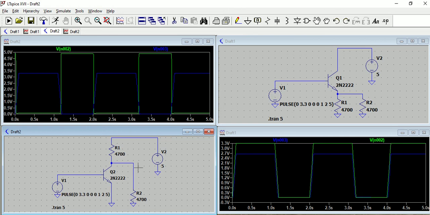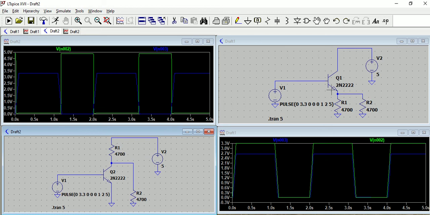Whereas in this scenario, the actual input and output are translated. Here the input and output don't get translated. For example, if you give 3.3 volt here, you get the same voltage here minus a drop, or let us assume an ideal scenario of 0 volts drop, which doesn't actually exist in reality. So you'll get a maximum of 3.3 volt here.